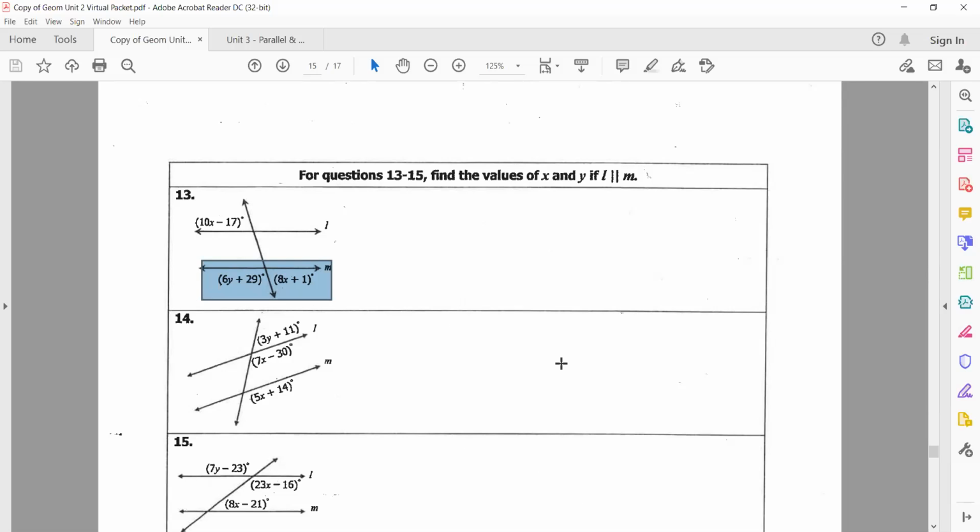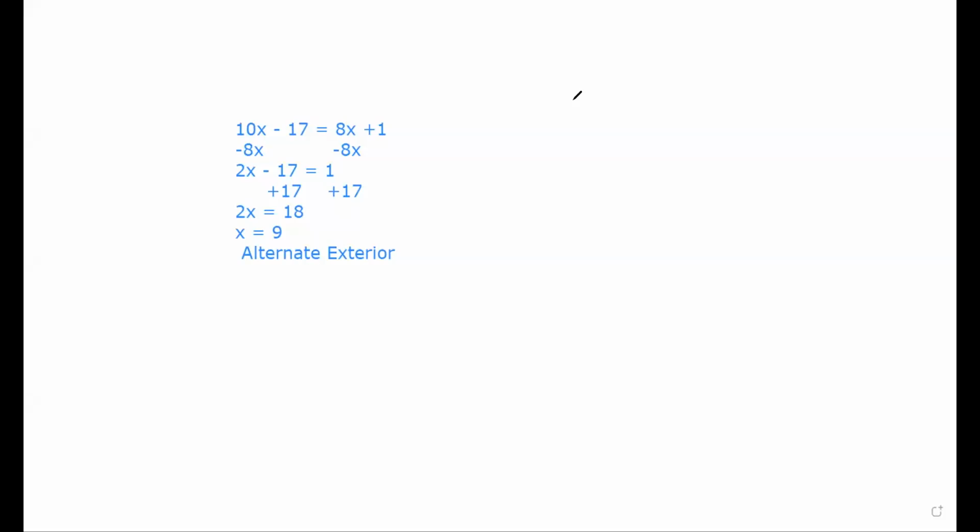Nobody know? Go back to your sheet from day one. Six y plus 29, 8x plus 1.